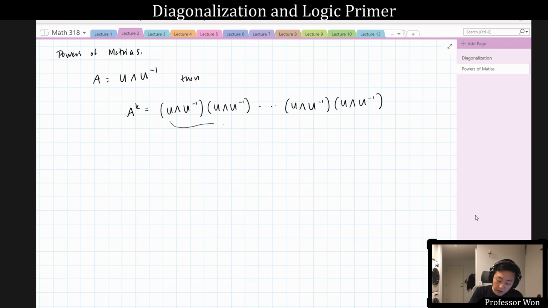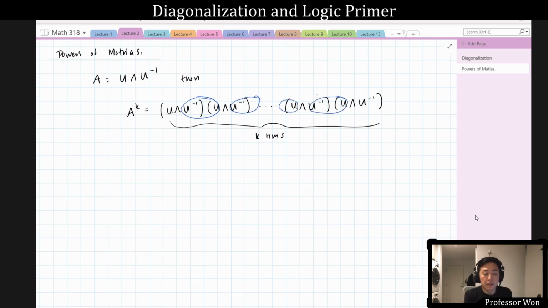Right, you do this a total of k times. But U and U inverse, if you multiply these together, you just get the identity matrix. So everywhere on the inside, the U inverses and the U yield identity matrices. So what you get at the end is U times lambda to the k times U inverse.